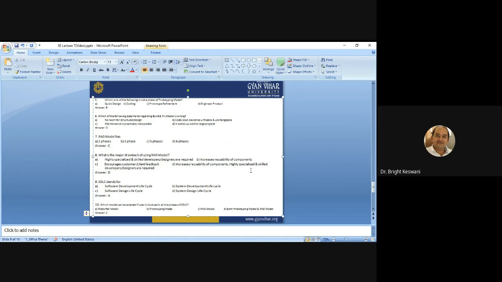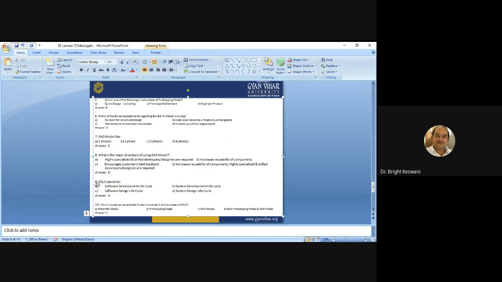Highly specified and skilled developers or designers are required, because in the RAD model we have a task to develop an application in a very short time. Then we have to increase reusability of components, and we require highly specialized and skilled developers and designers to accomplish the task in the given time limit.